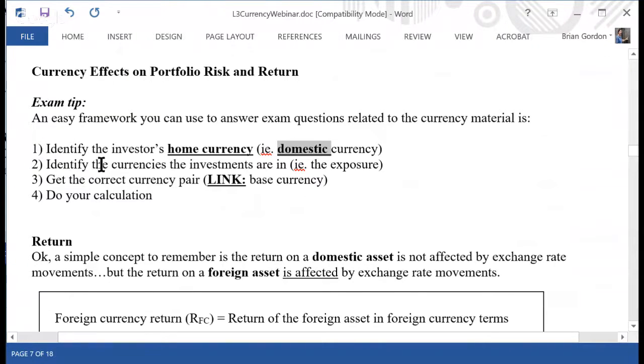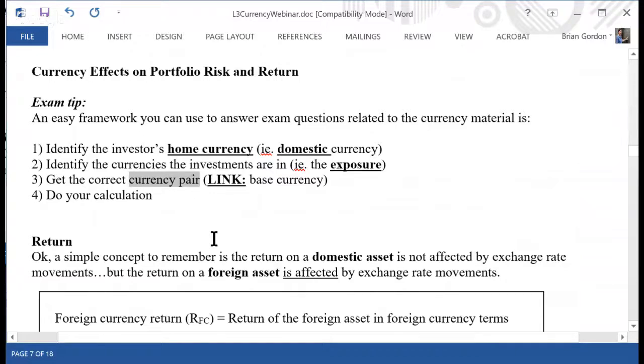And then I just want you to think about, what are their investments? What currency are their investments in? What are the exposures? That's exactly the procedure that we went through in the previous example. And now we can start to think about what actions we need for hedging. I want you to focus on the currency pair.